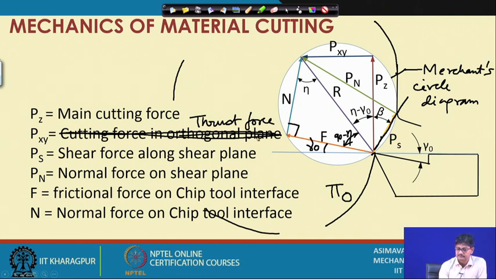Next, Ps is the shear force along the shear plane, as we discussed. Pn is normal on the shear plane, F is the frictional force on the chip-tool interface, and N is the normal force on the chip-tool interface. This we have already defined. So let us move on to the relationships between these forces.